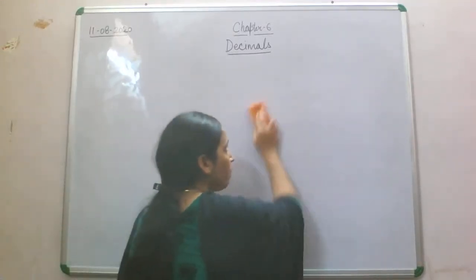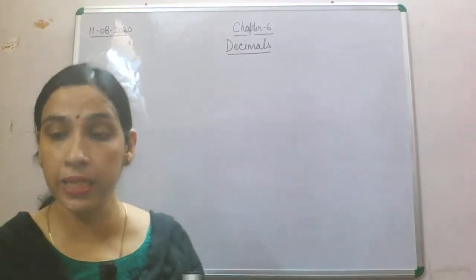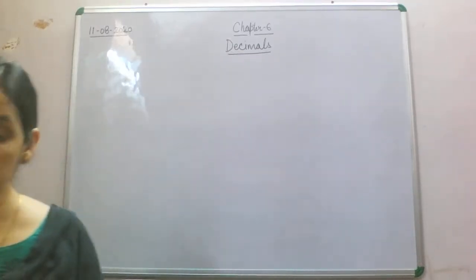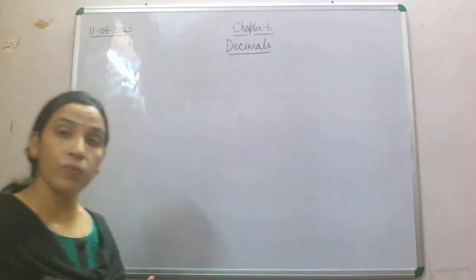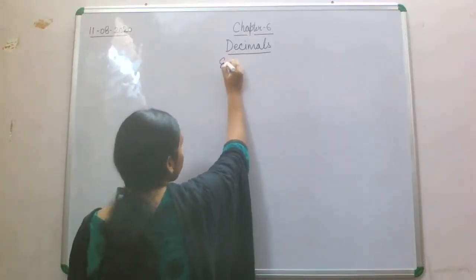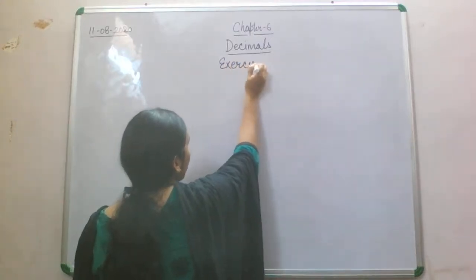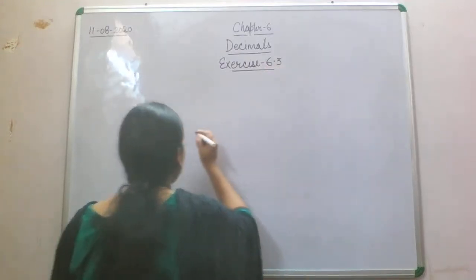How you have compared it, that is the same only. So let's start question number 1 of exercise 6.3. See, we'll do it concept wise, so that you will find it easier to do. So exercise 6.3, we will start our question number 1.